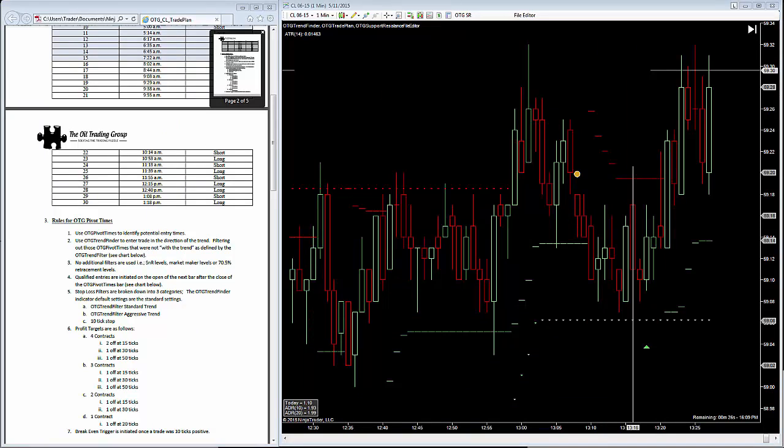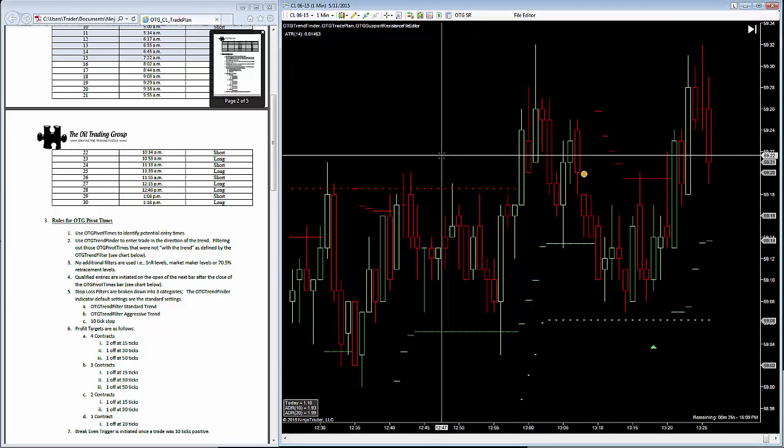Overall, it was a losing day. We did maintain and minimize the amount of loss today to 17 ticks per contract. And on a trading day where the conditions are very choppy and difficult, that is a very good way to minimize the amount of risk on a particular trading day.